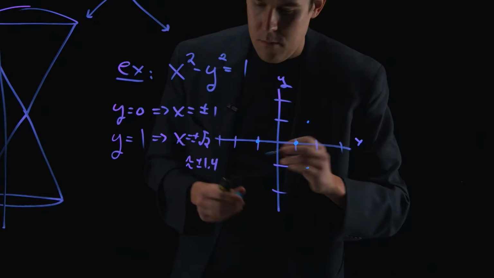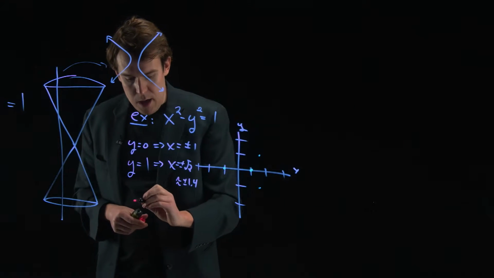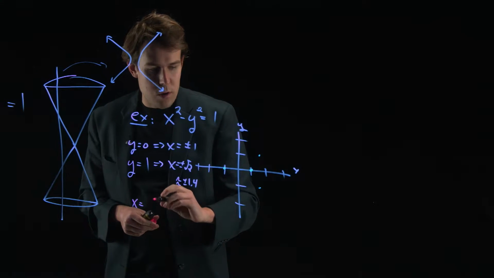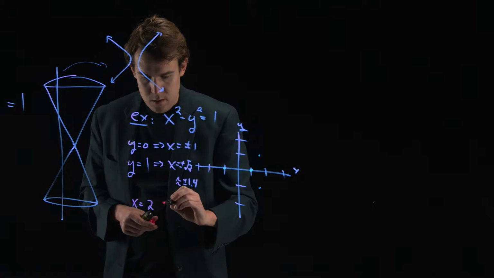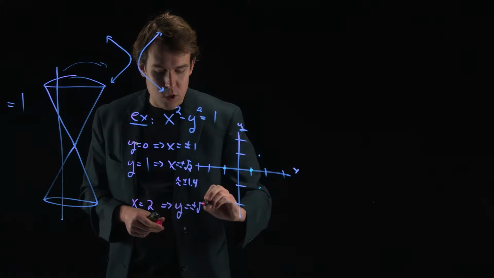This is on there. And now let's try maybe x is equal to 2. Then this tells me that y should be equal to plus and minus square root of 3.